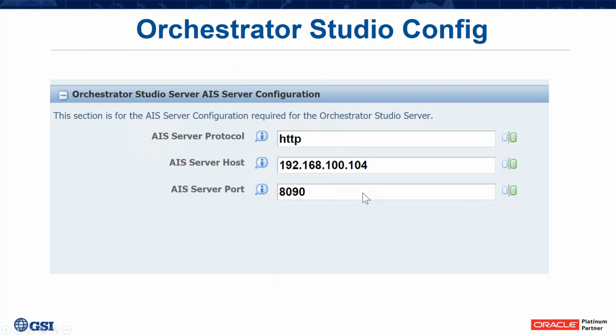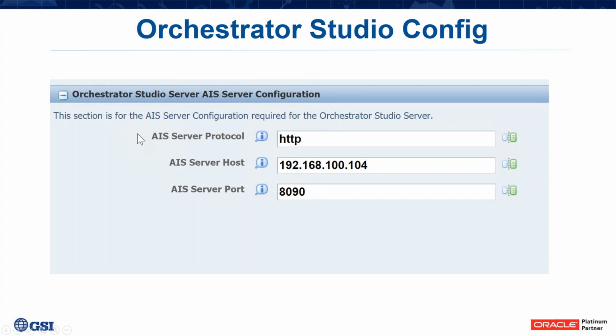The Orchestrator Studio also has to be configured to point back to the AIS server. So this Orchestrator Studio, if you remember, is on a different machine. It's on the JDE Jazz 02, whereas the DV and AIS instance are on JDE Jazz 01. So I pointed back traffic type and everything.